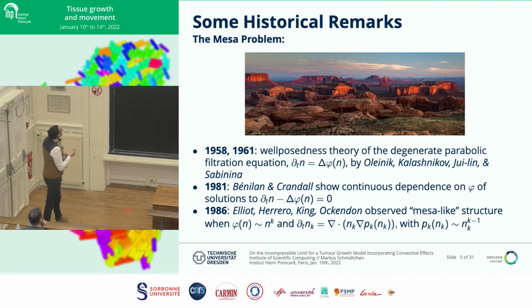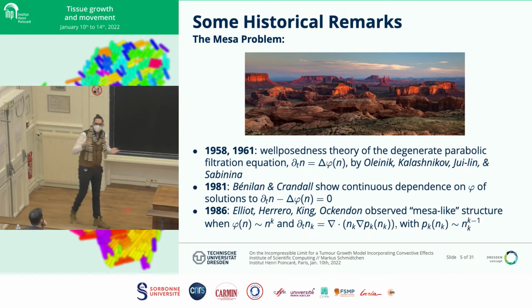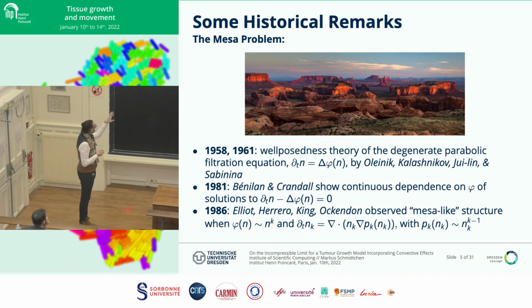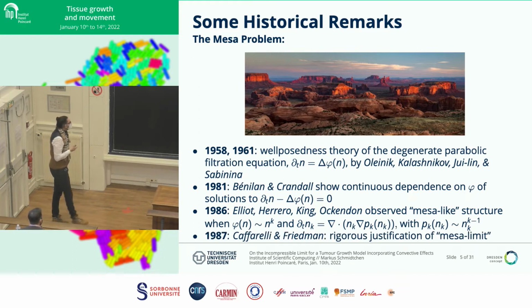Flat like these mesas, these mountain structures where you have a flat top, and then there's some small things going on, and then there's, again, a patch where the density essentially is saturated. So these mountain structures are called mesas, and so this limit historically is called the mesa limit. And then, 1 year later, Caffarelli and Friedman gave a rigorous foundation for this limit and justification.